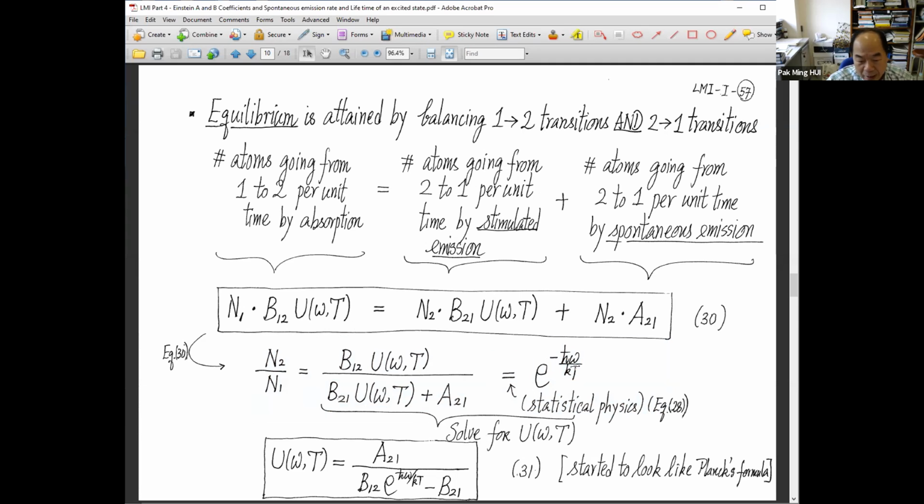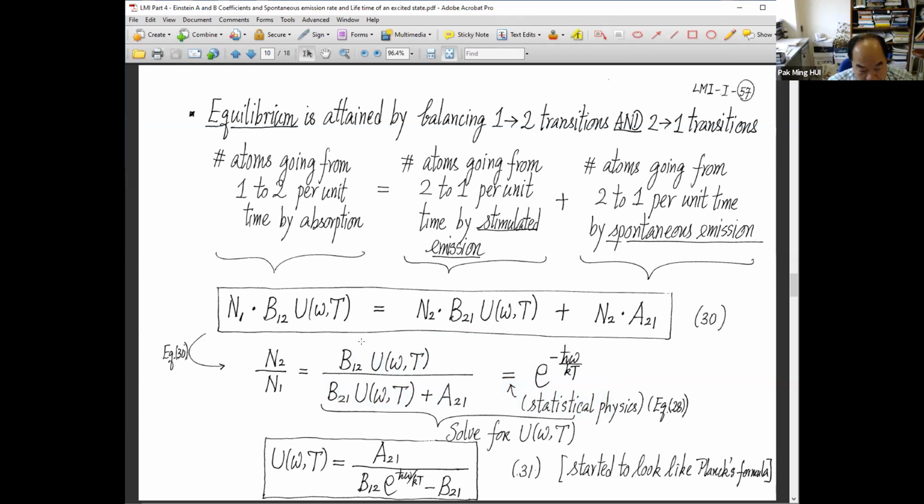All right. Therefore, we have an equation that connects Einstein's A and B coefficients, the surrounding radiation already at equilibrium with the atoms, the temperature, and the energy difference between the two levels, omega, which is E1 minus E2.